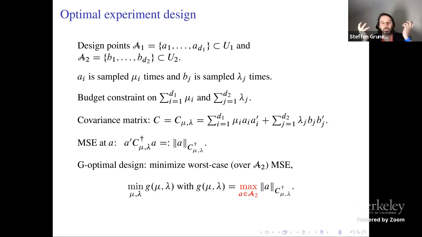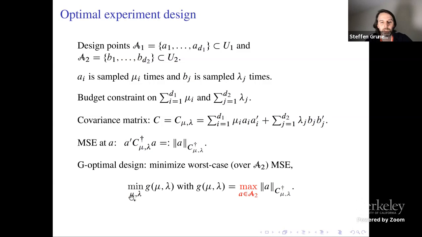So just to mention one optimal design, a simple optimal design is G-optimal design, where you try to minimize the worst case mean squared error. In my particular setting, say I'm in epoch 2, I'm minimizing the worst case error over A2. So I have this function G here defined, depending on my design points mu and lambda, which corresponds to the worst element in my design points in A2 and the norm of this worst element, which I'm trying to minimize.